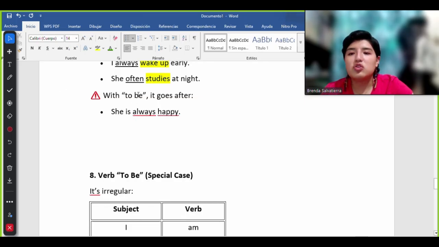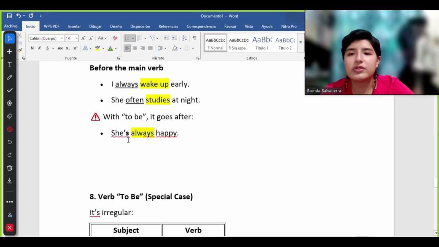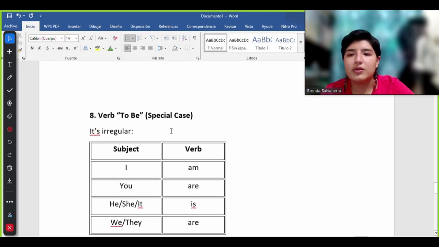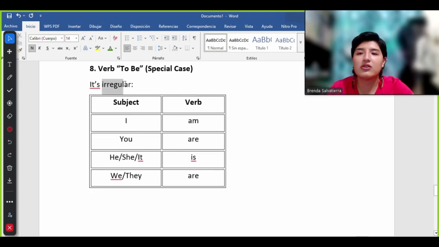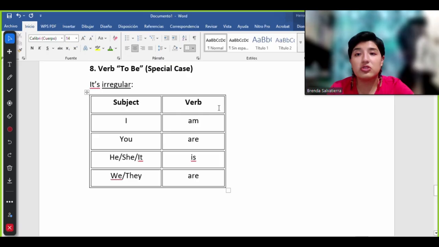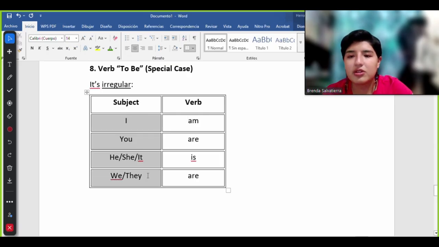But with the verb to be, it goes after. Okay, he is, she is, or we can also contract it. She's always happy, and the adverb of frequency goes after the verb to be. Okay, and the last, the verb to be, is a very special case because it's irregular. What does this mean? That it doesn't have the same base for all the conjugations according to the subject or the pronoun, right?